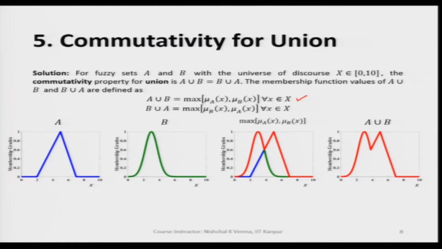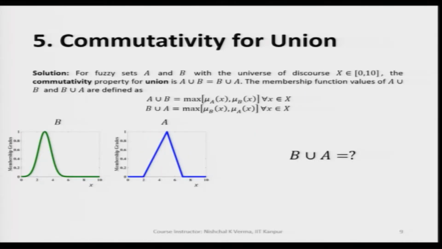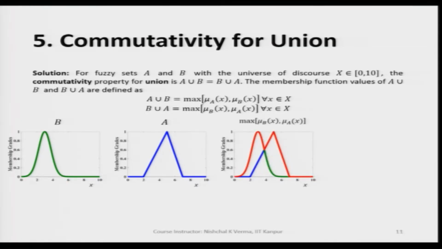Now, let us see what we are getting as the outcome when we take B union A. So, if we take B fuzzy set here first and then we take A fuzzy set, and then we see here that if we take B union A, we are going to get this fuzzy set as B union A when we apply this condition.